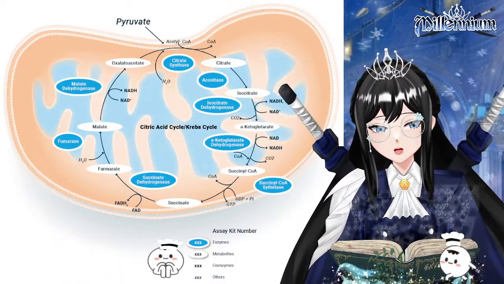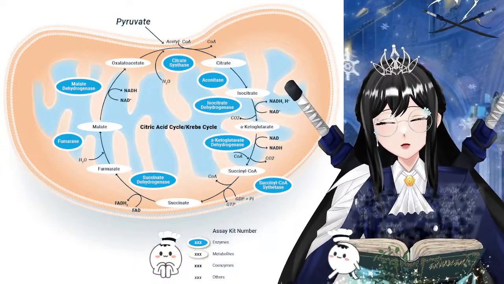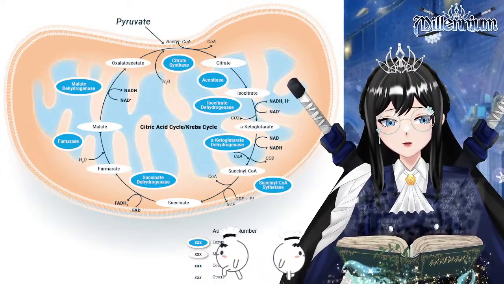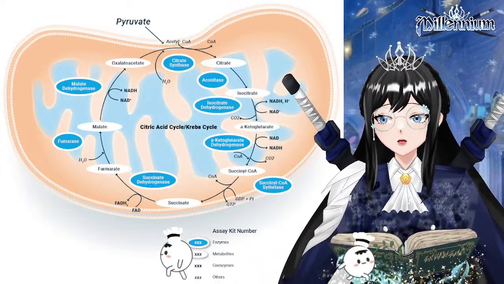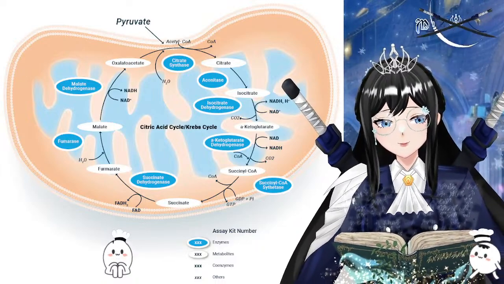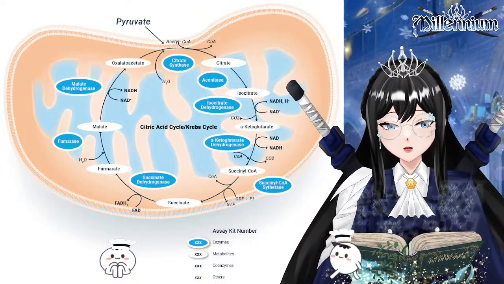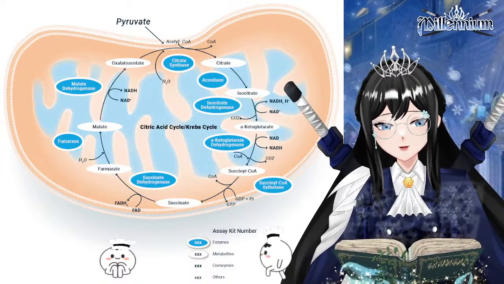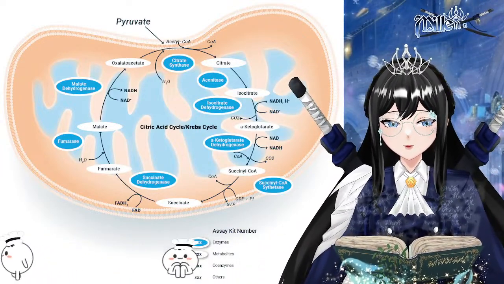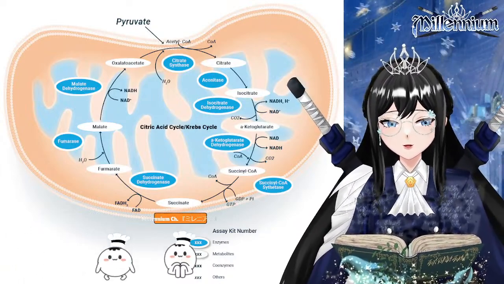And now what happens in the ATP synthase, okay? The accumulation of protons would generate an electrochemical potential, or proton motive force, and that flow is harnessed by the ATP synthase as the protons flow back into the matrix.